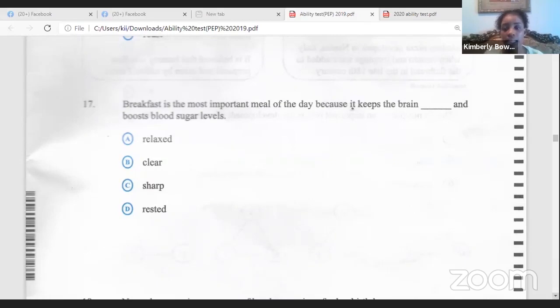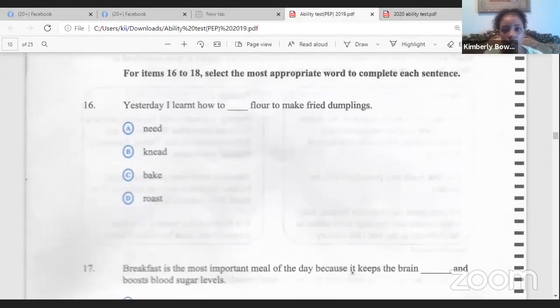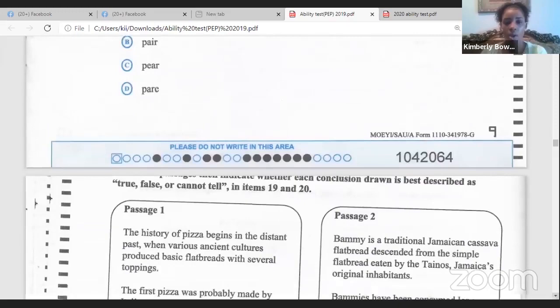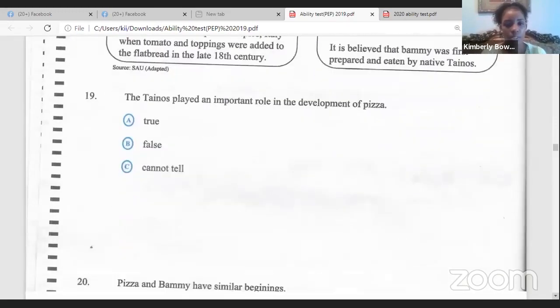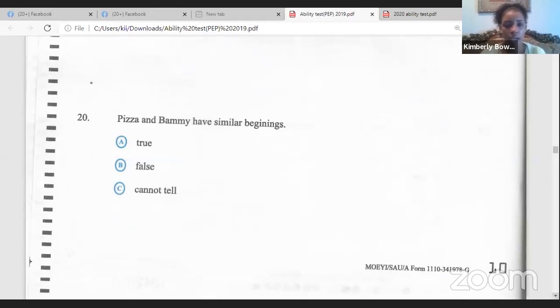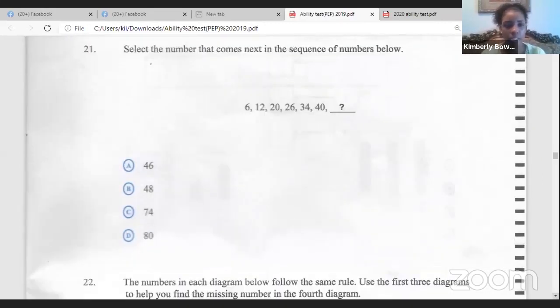So even though it didn't say that, let me look if that was the instruction. Yes, it was. That's a question on the most appropriate. We're given two passages here and we are drawing conclusions. So that's another type of question to look at.